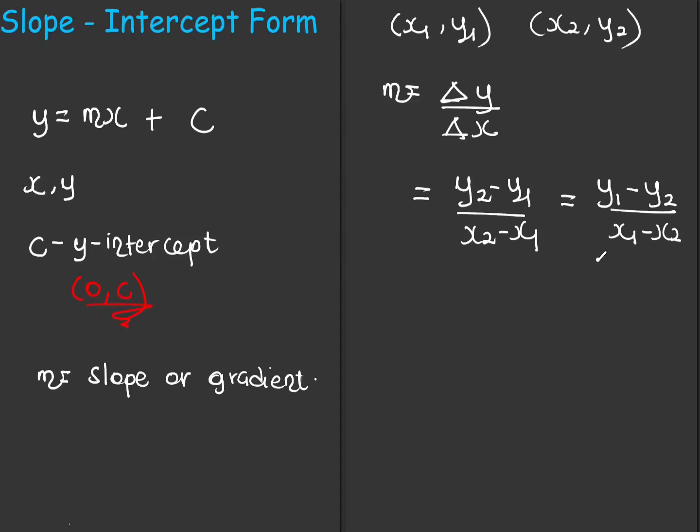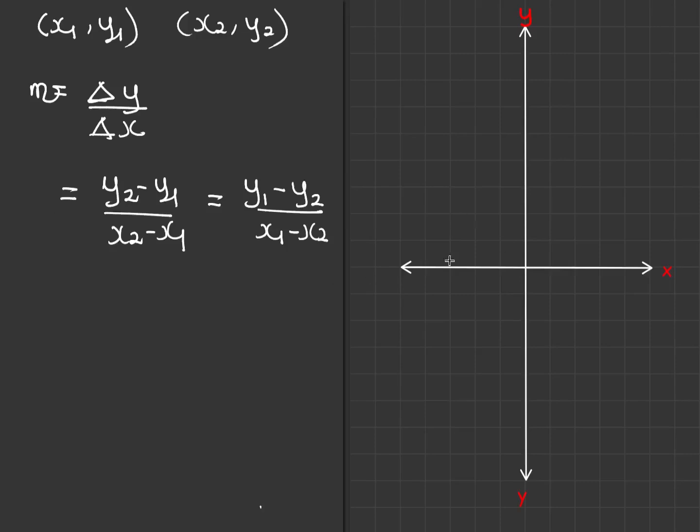Okay. The gradient has so many values. Specifically, we'll look at the positive in general, negative in general, 0, and then an undefined slope. So coming back to our graph here, I'll make some demonstrations.